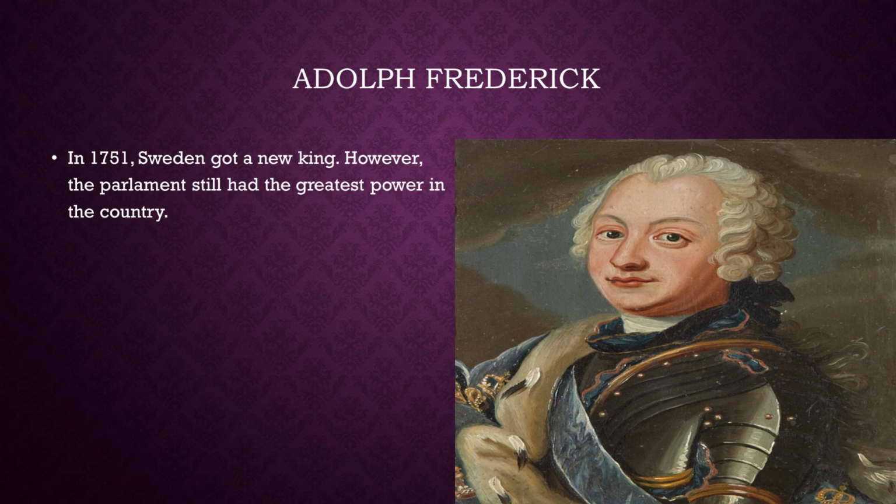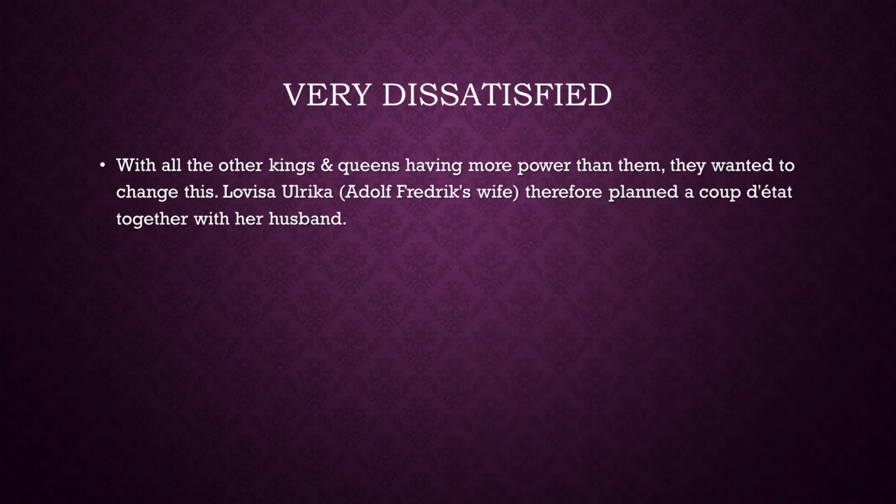Instead, in the year 1751, Sweden got a new king, the man in the picture here, Adolf Fredrik. However, the parliament in Sweden still had a huge power, which made him really angry. Because basically every king and queen in Europe had more power than the Swedish queen and the Swedish king, and they wanted to change this fact.